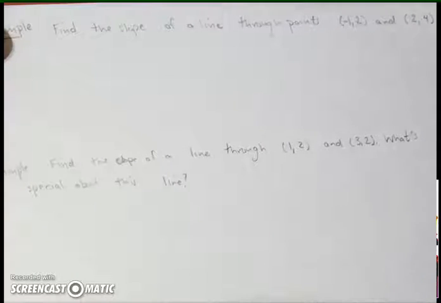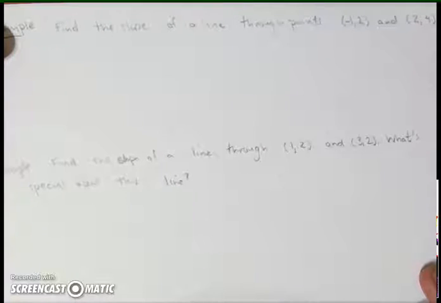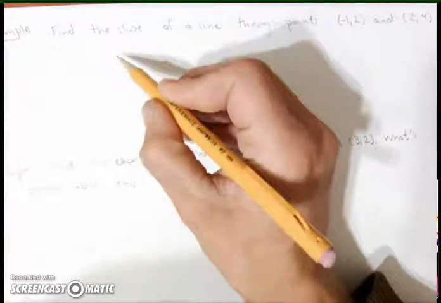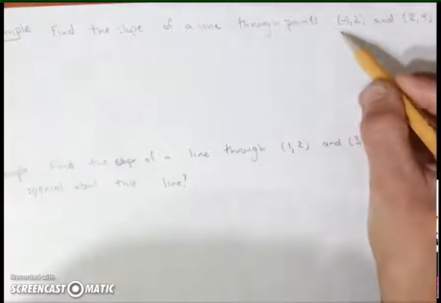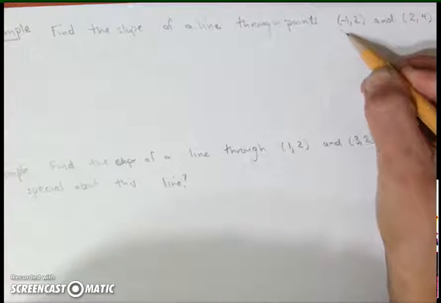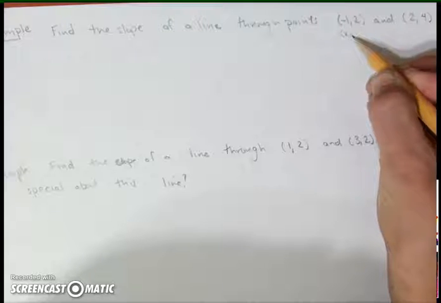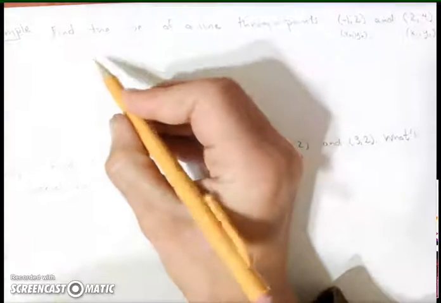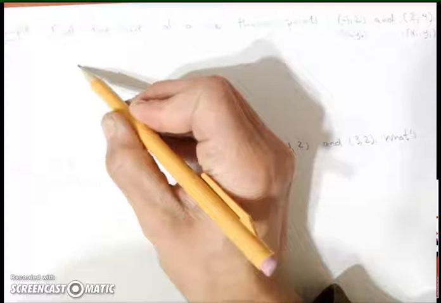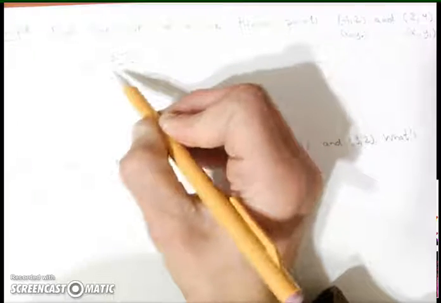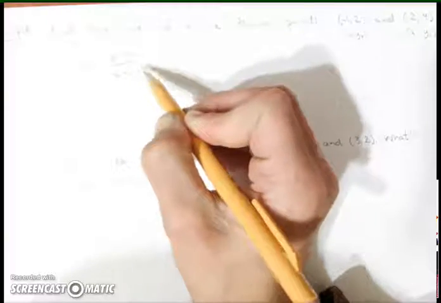Okay, let's do another example using this equation for finding the slope of a line. So we want to find the slope now of a line going through the points (-1, 2) and (2, 4). So I'll call the first point my x0, y0, and the second point my x1, y1. And from the formula, this says that the slope m is given by the difference in the y values over the difference in the x values.